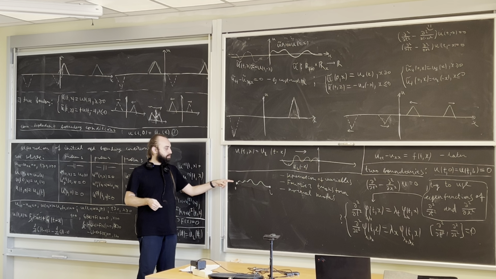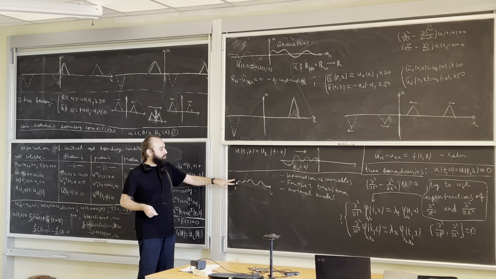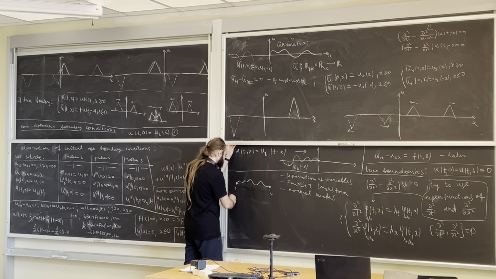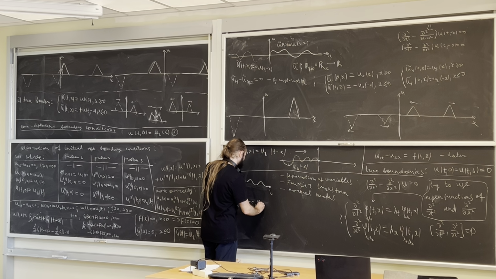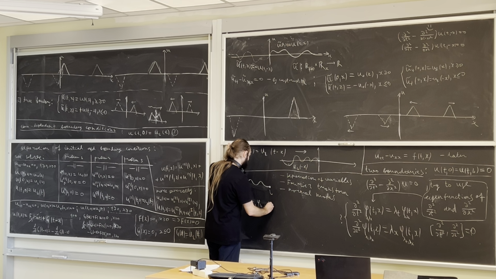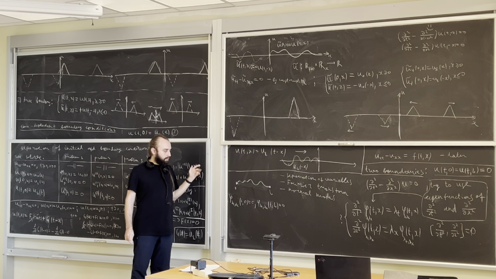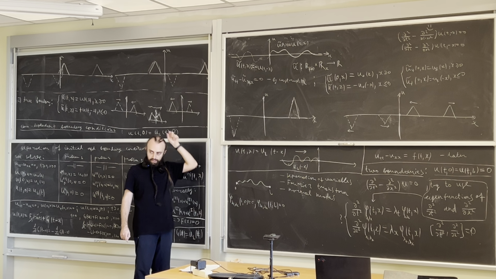We can say that this function is periodic, but in this case it has zero boundary conditions, and we also want these functions to satisfy these boundary conditions: phi lambda t lambda x of 0 equals 0 and phi lambda t lambda x of L equals 0, just to restrict the number of them.